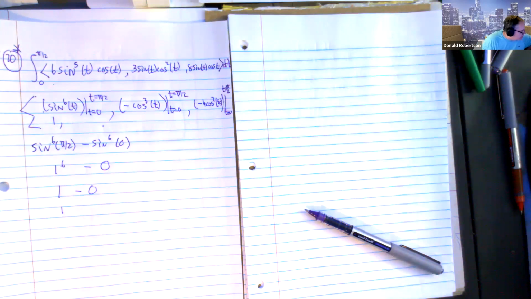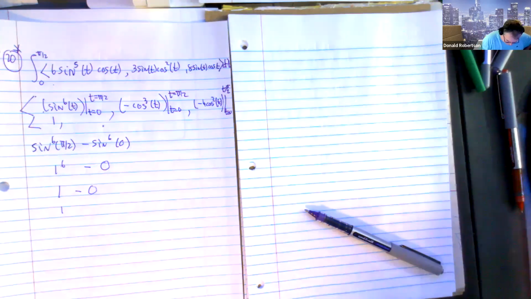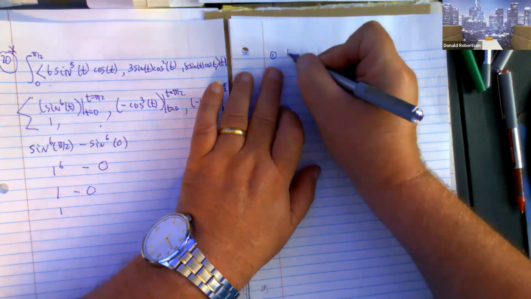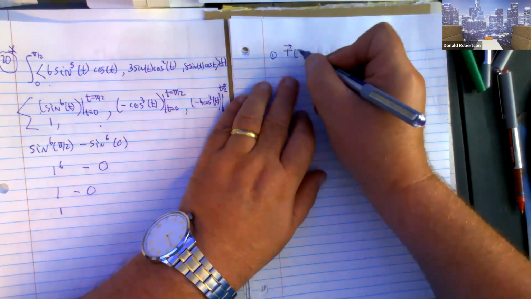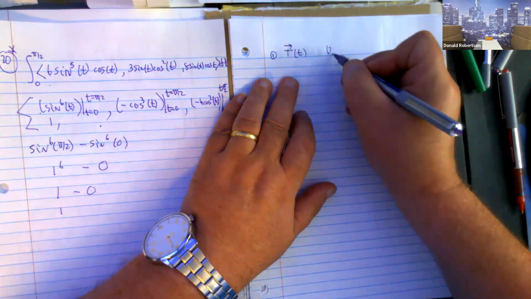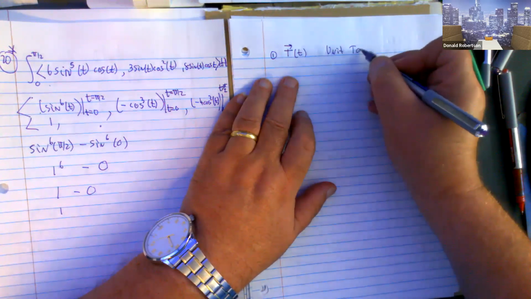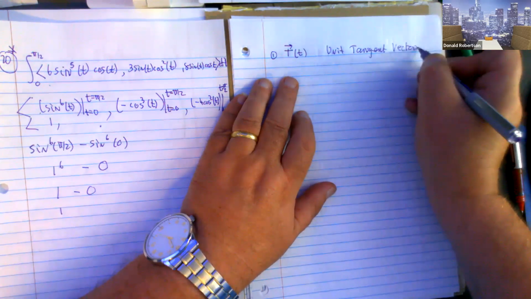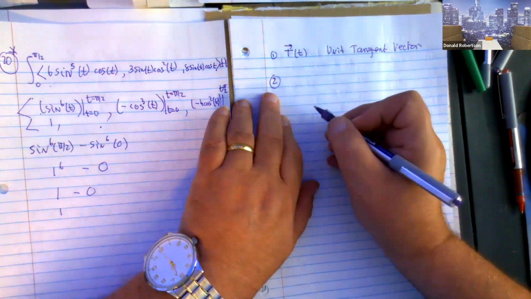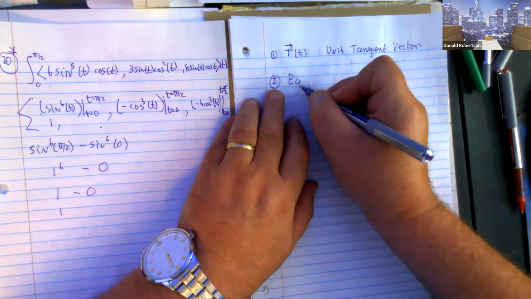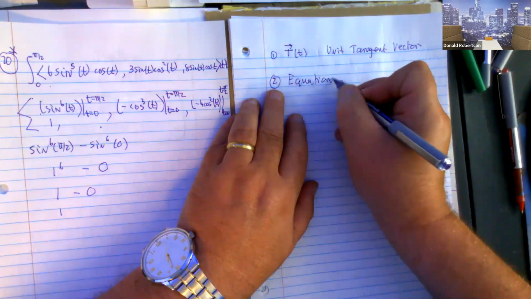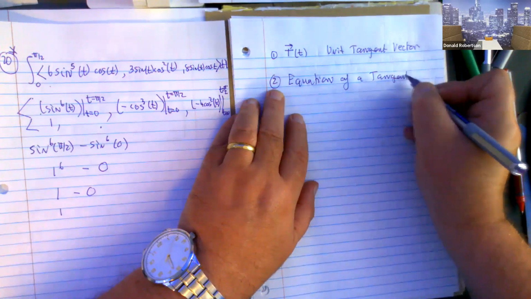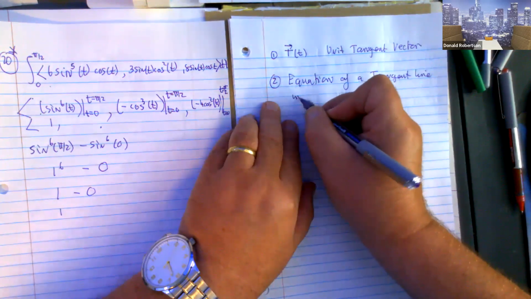So where are we off to next? Well, there are some things that we haven't done. In particular, we're going to find the unit tangent vector. Another thing we're going to do is find the equation of a tangent line in 3D.